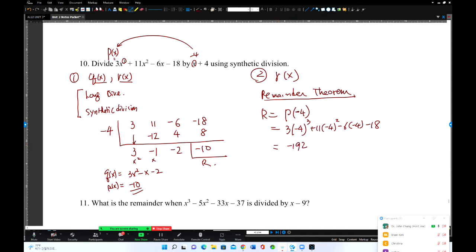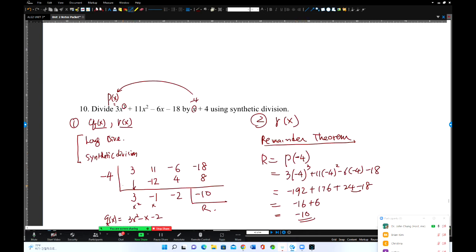You can use a calculator later. Negative 4 squared is a positive 16, times 11 is 176, plus 24, minus 18. That's going to be negative 10. It's the same number, right?